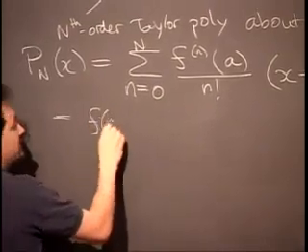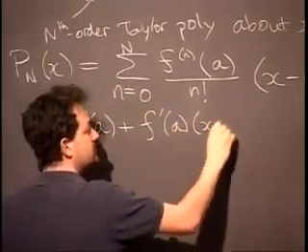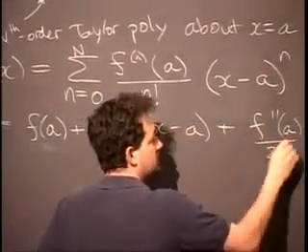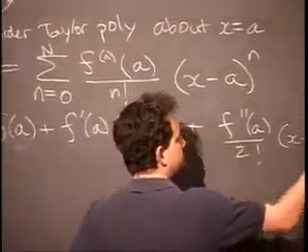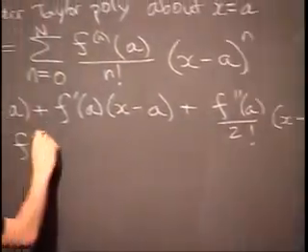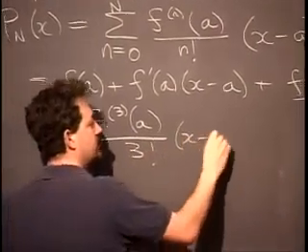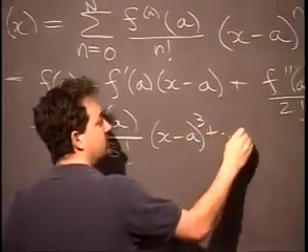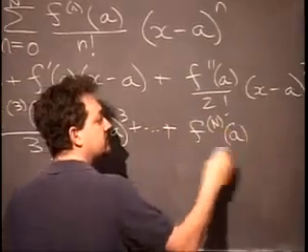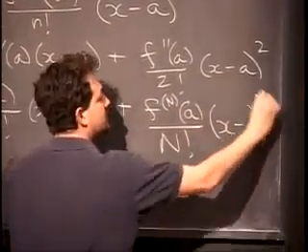It turns out the first few terms look a little bit different. I'll write out one more term at the beginning, the third derivative over 3 factorial. And this goes on up until the capital Nth derivative over capital N factorial, x minus a to the capital N.